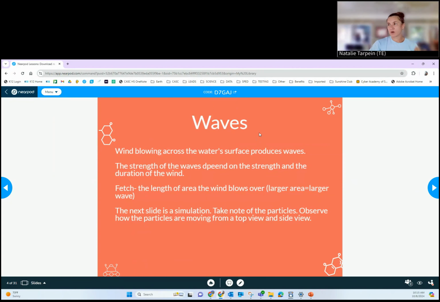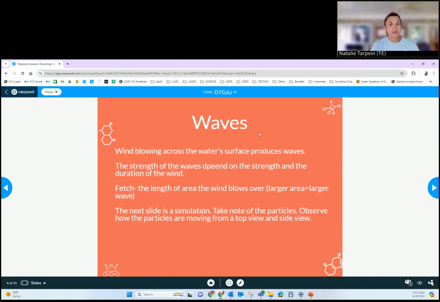Okay, so waves. What are waves? They come in different shapes and sizes, of course. But that being said, wind blowing across the surface produces those little surface waves, whether it's ripples or whether it's more of a swell in the ocean. Wind is the driving factor.